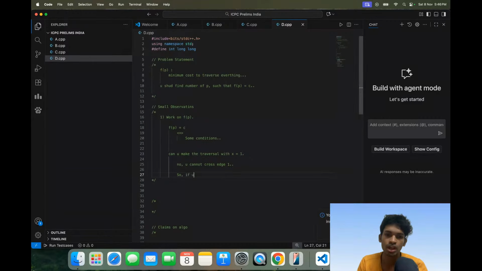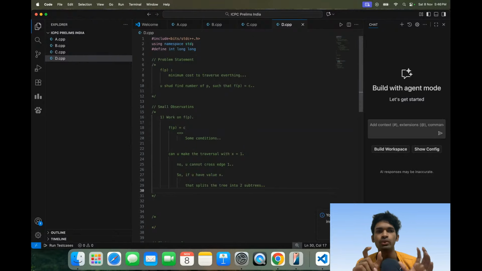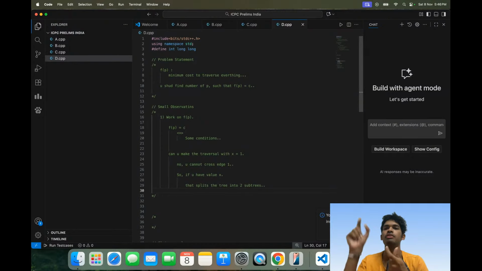So if you have a value x, it splits the tree into two subtrees. Whenever you have a value x, it splits the tree into this and this. If you're here, all of them are covered already, and you need not worry about them. But then you cannot cross this thing.